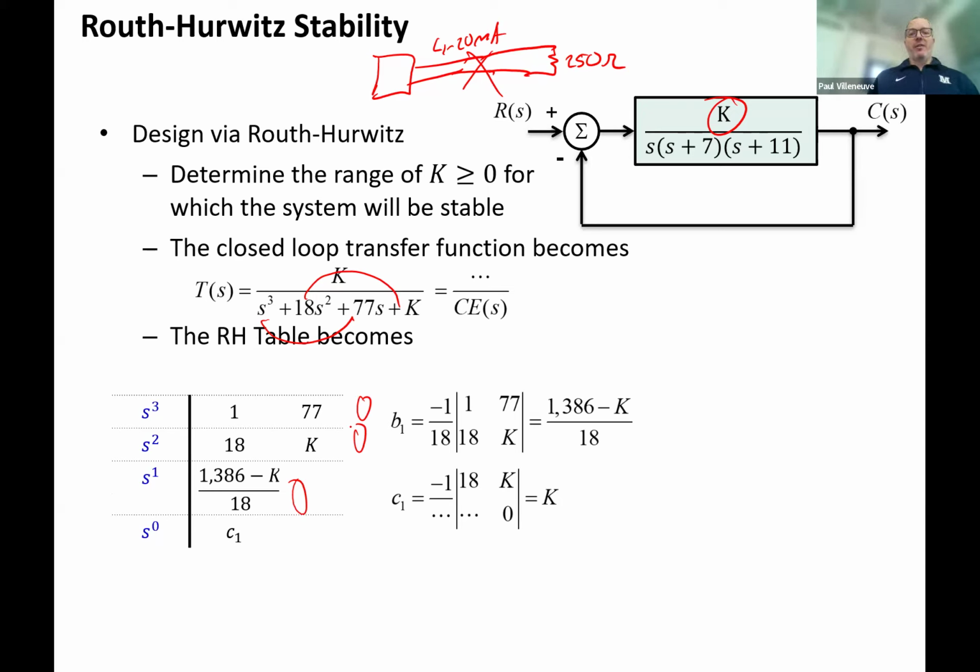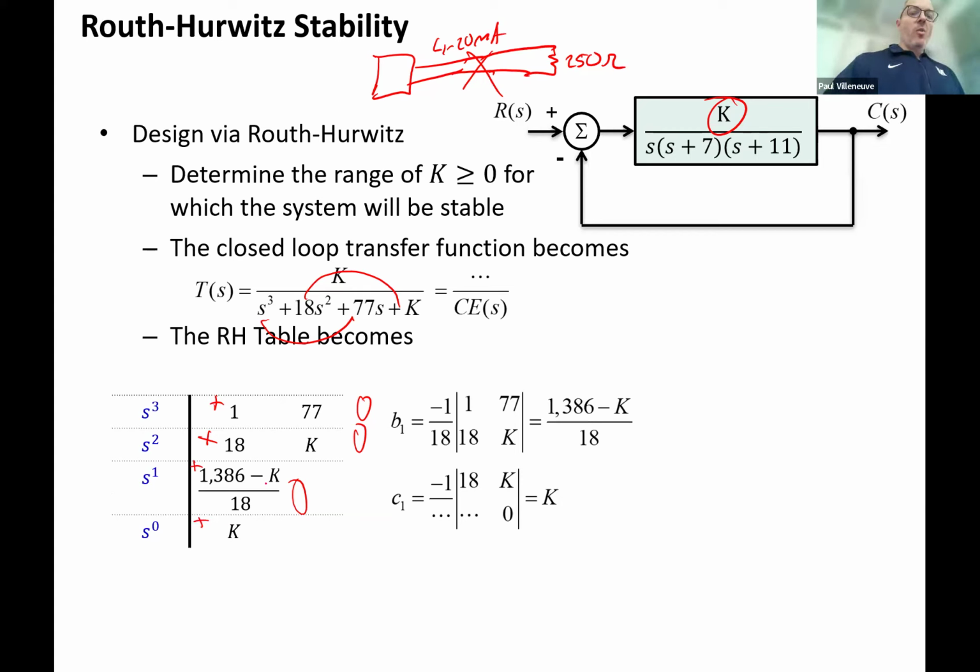Now here's my value of K, and I need to make sure that the system is stable. So this is a plus. This is a plus. What does the result of this need to be? Plus. What about here?